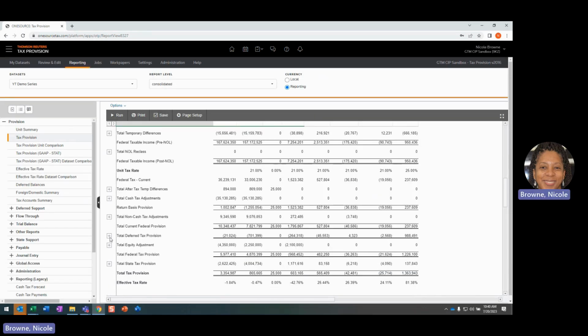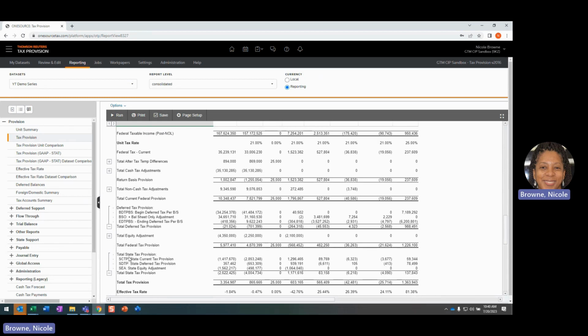If I go down to my deferred provision and look at my state, you will see now that my deferred provision on the federal has changed from the 113 to 21024. And now my state deferred provision has gone down. So this state deferred tax provision that you're seeing is a net number. This is at 79%. And now my federal deferred provision is just pure federal tax only.